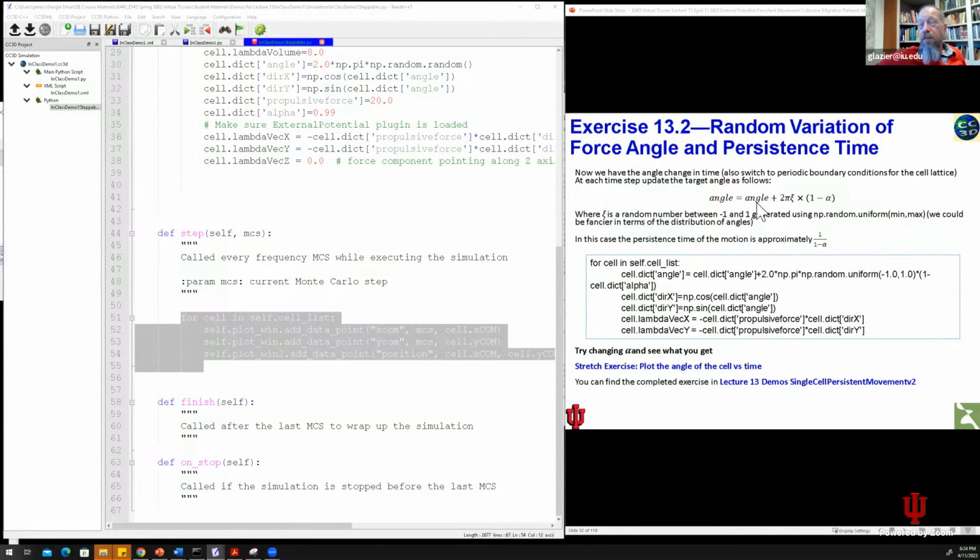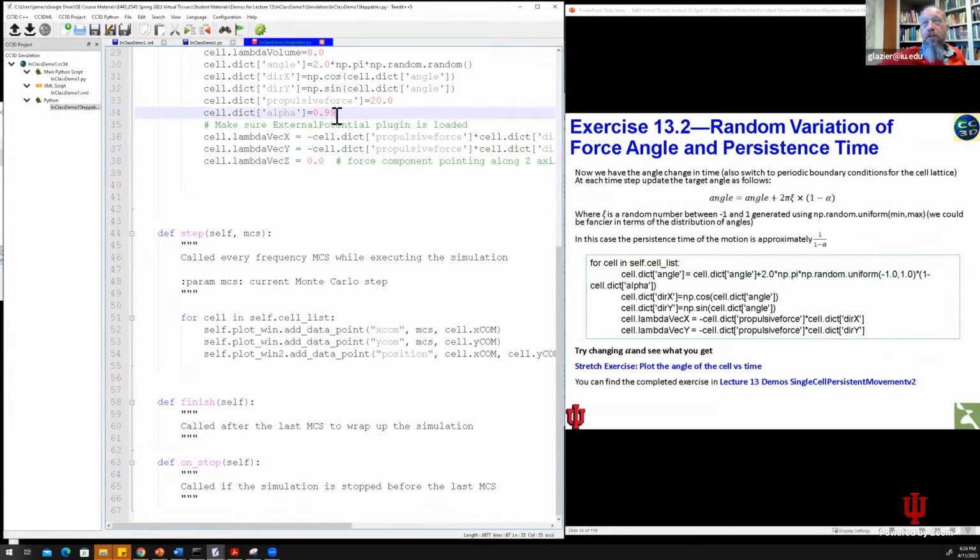At each time step, I make that angle what I had before, and then I add to it 2 pi times a random number between -1 and 1 times 1 minus that alpha. So if alpha were 0, I'd have a completely random new angle every time. If alpha were 1, my angle would be constant.